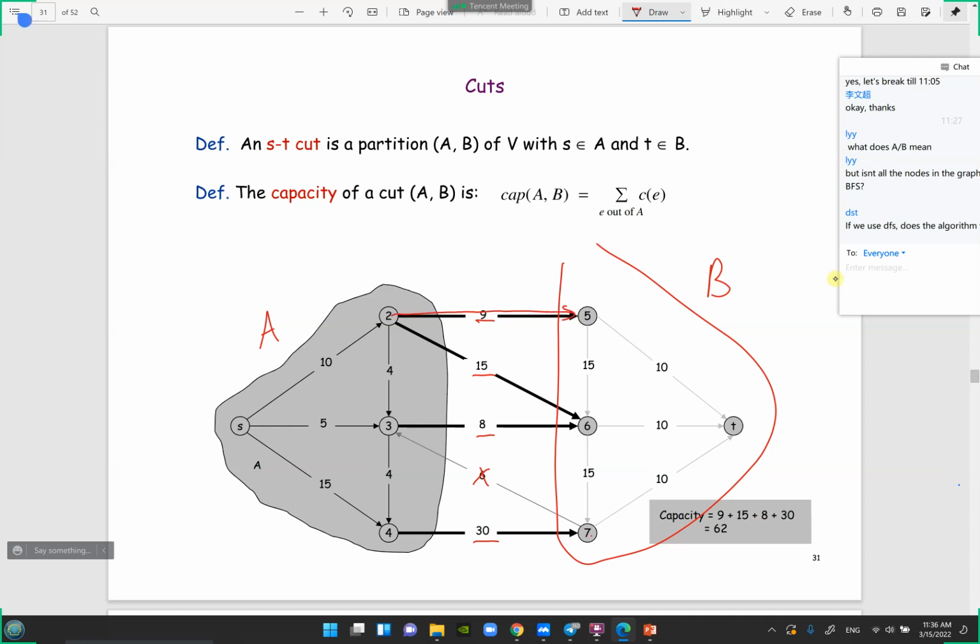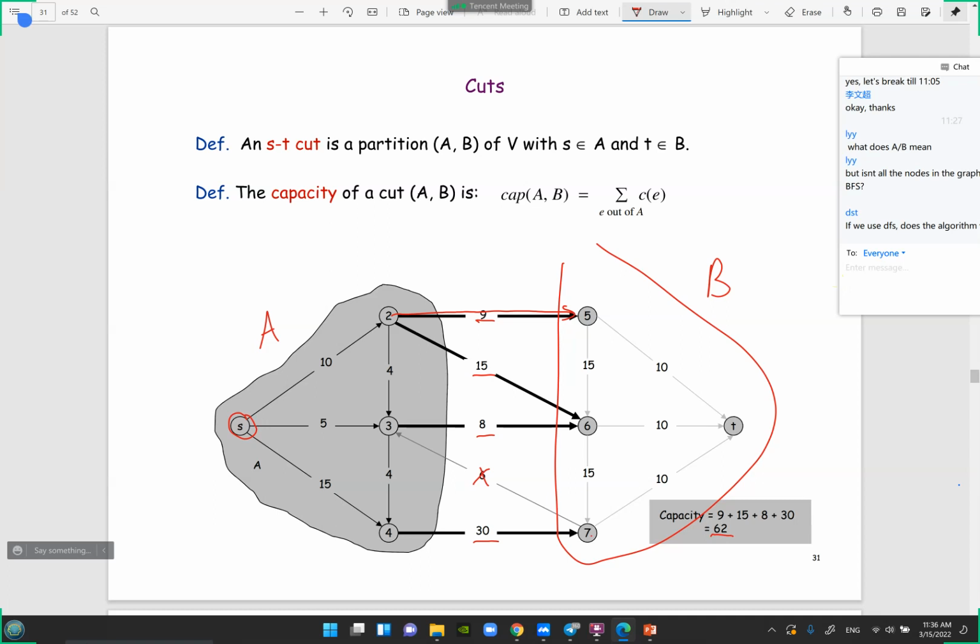Because ultimately you're trying to send flow from S to T, so you can only use these. The thing that you want is for lots of edges to go from A to B. So the capacity only includes the edges from A to B. If you add up all of these capacities, you get a larger cut which has a capacity of 62.